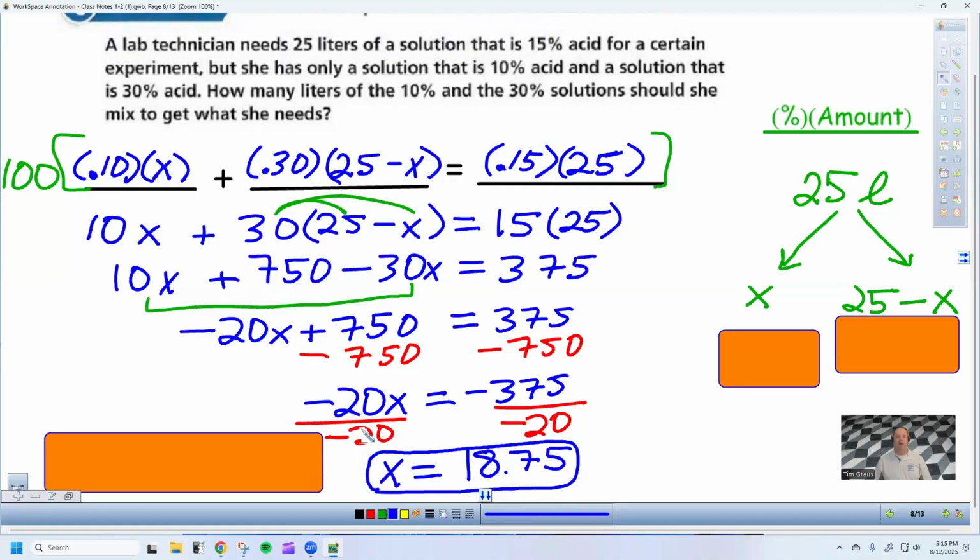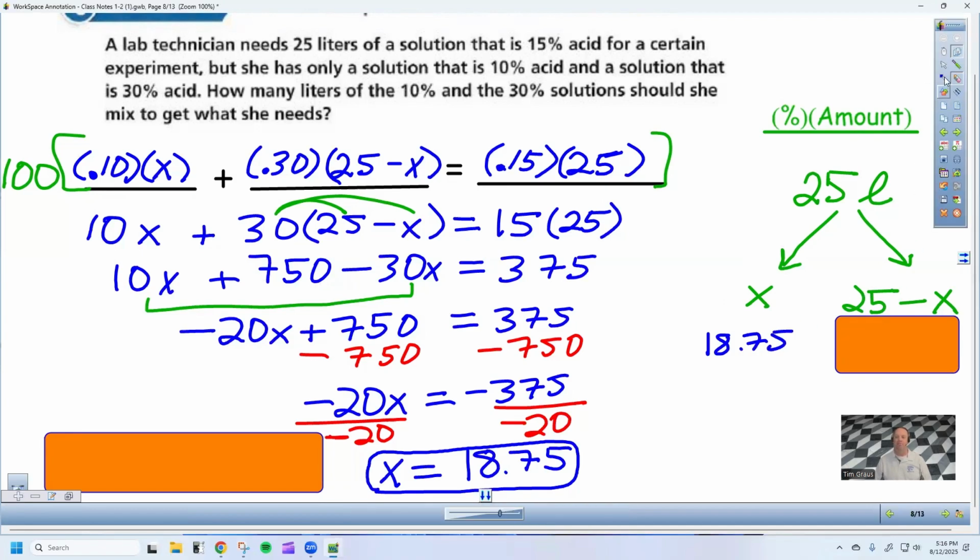Now, that's not my complete answer, though, because I'm going to go back and read that last question again. How many liters of the 10% and the 30% solution should she mix to get what she needs? Well, here's how I can completely answer this question. We just decided that X is 18.75.